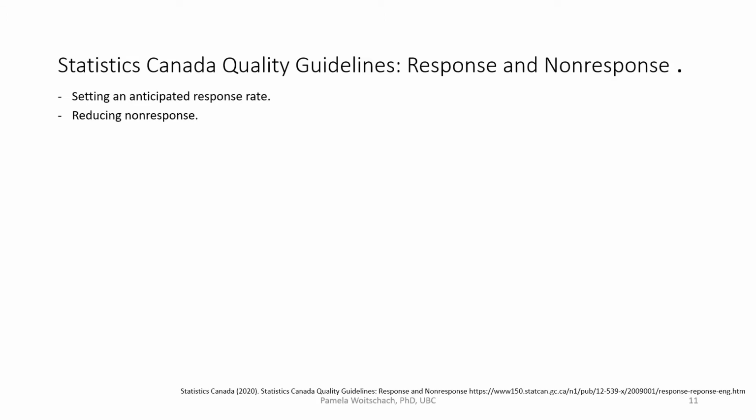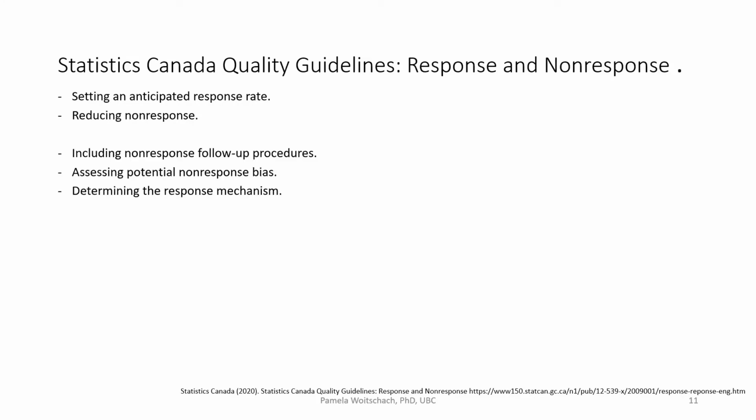The first 2 points are going to be addressed in the survey design stage, to set a response rate and to ensure an acceptable level of quality in all survey planning and implementation. There are a series of steps that must be done. The guidelines also include a recommendation for the inclusion of follow-up of non-respondents that must be put in place during the data collection.